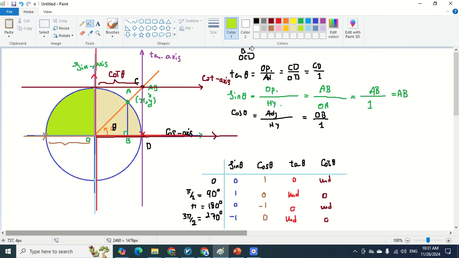For the tangent, if you consider the ray, its continuation will meet the tangent line at the negative part, so the tangent is negative, and the cotangent, which determines this length, will also be negative. So tangent, cotangent and cosine are negative in this region, but the sine is positive, and so on. You can determine the sign for the remaining cases.